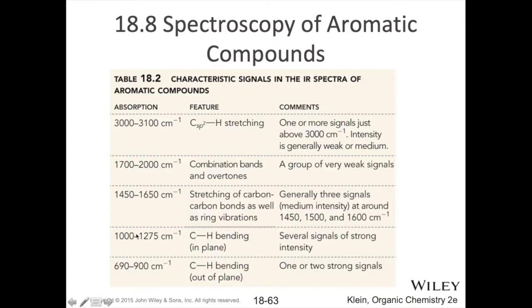You start seeing a couple of strong intensity signals around that 1,000 to 1275 range for the bending of carbon-hydrogen bonds in the plane, and around 690 to 900 you'll see some signals for them bending out of the plane.